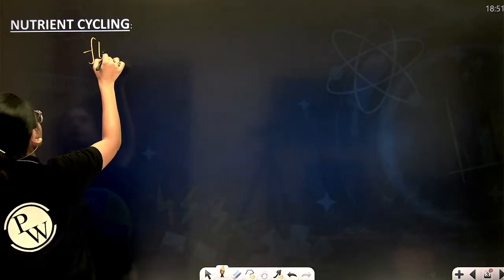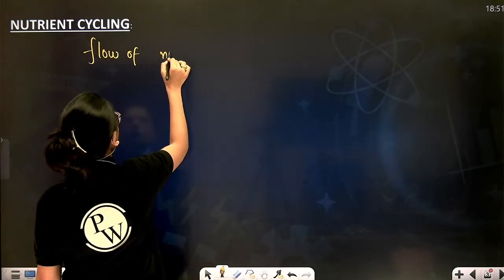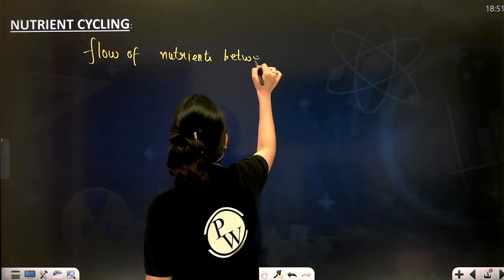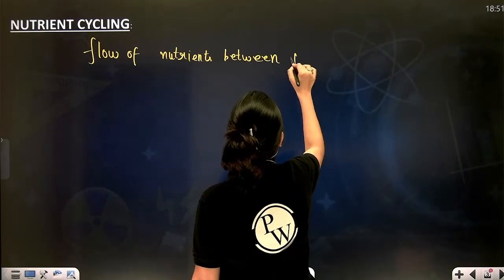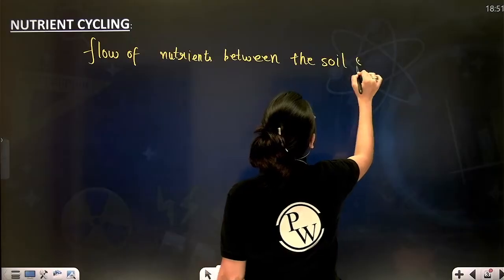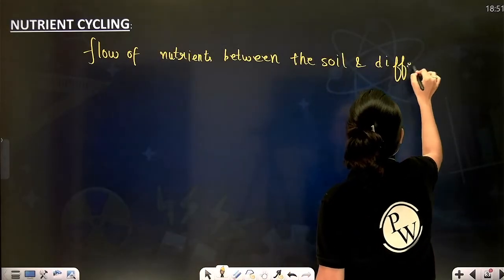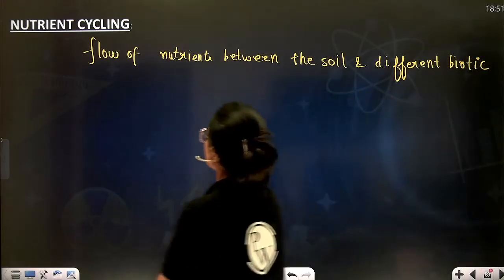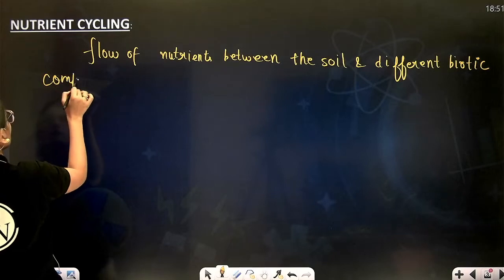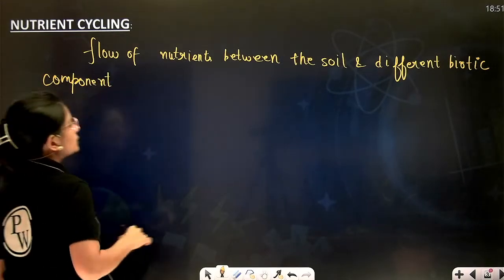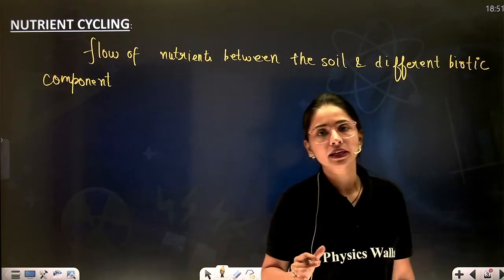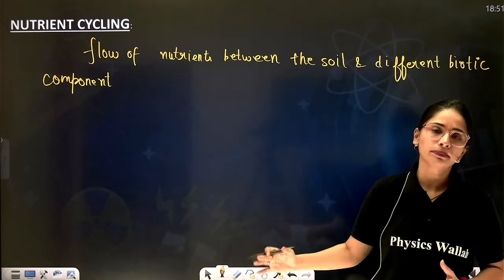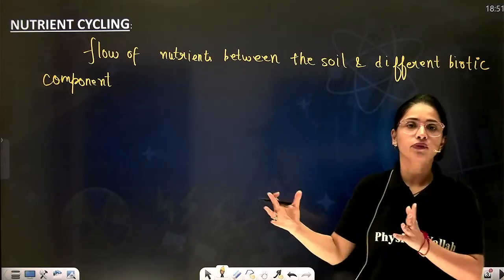Nutrient cycle simply means flow of nutrients between the soil and the different biotic component via energy flow and via decomposition.